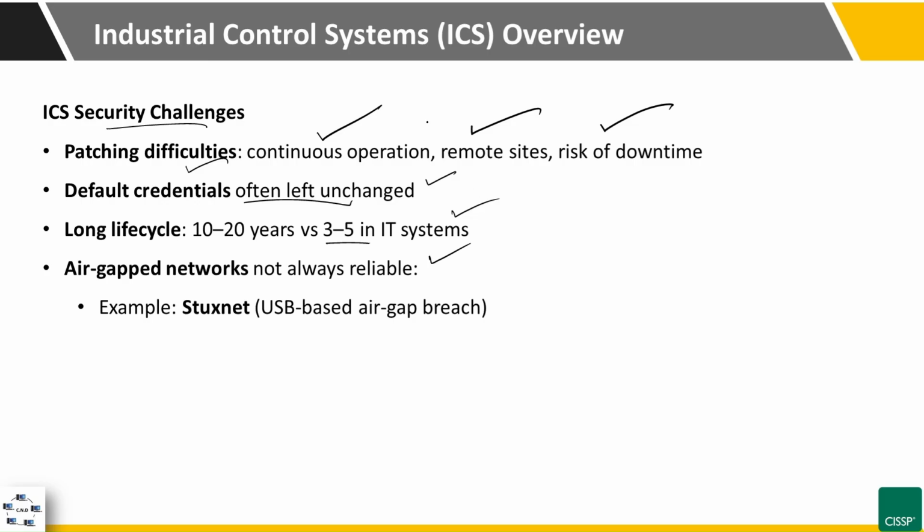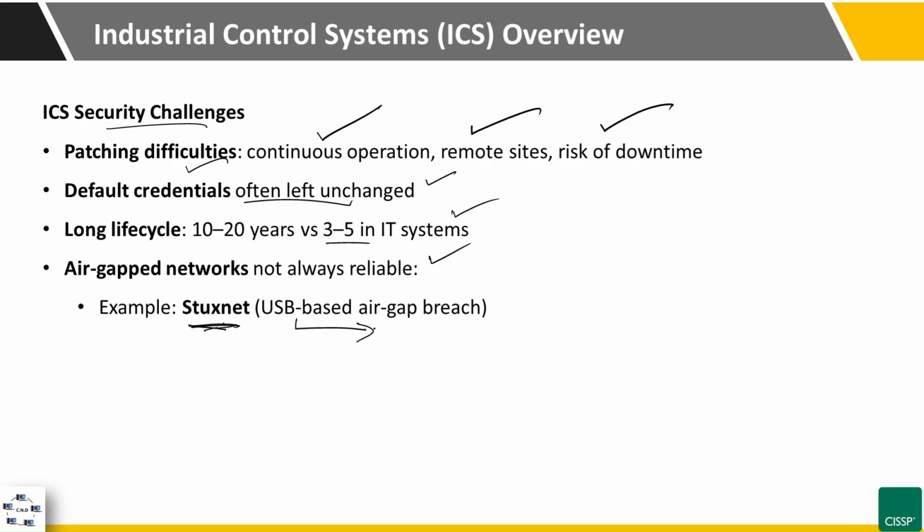What does this mean? This means that the industrial control system may be air gapped. Air gapped means that they may not be connected to the network or to the internet, but that does not guarantee security. An example is the Stuxnet malware, which was used against Iranian centrifuges, which were, of course, air gapped, but the malware reached the centrifuges through an infected USB.